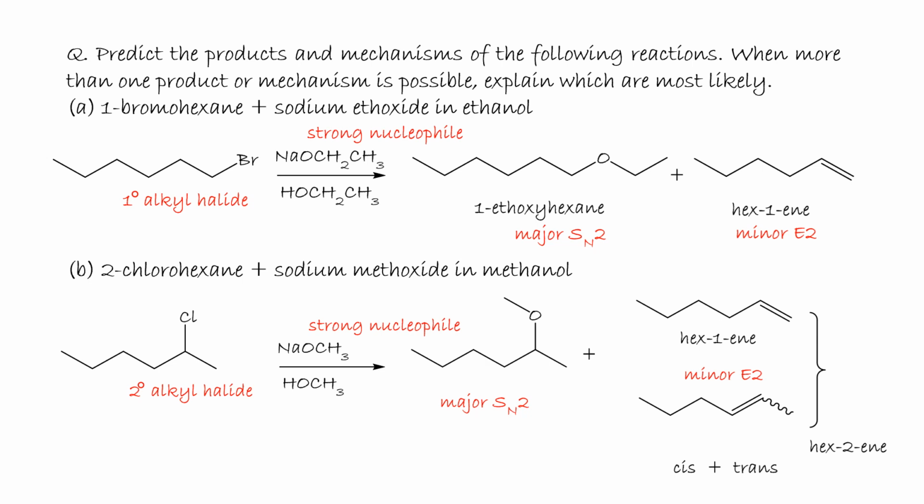So you have a primary alkyl halide and you have a strong nucleophile. Then you are expecting a major SN2 with minor E2. Here you have only one possibility for the elimination of HBr, to give 1-hexene.